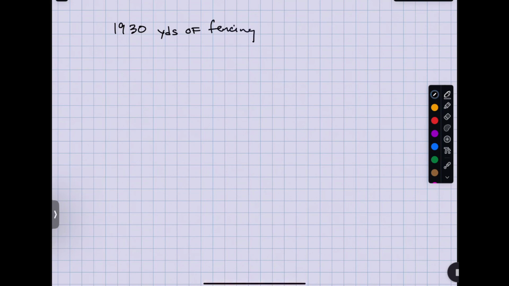Okay. So if I was to do a square, what would the size of the square be?